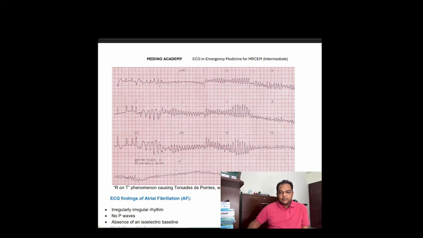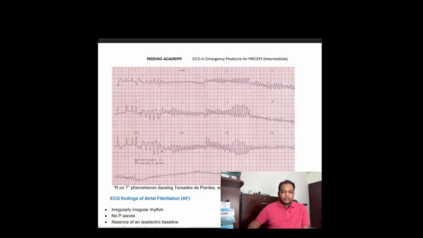This is the ECG morphology of torsade de pointes or polymorphic VT. You can see the amplitude of the QRS complex is variable here. So this is torsade de pointes, and this is the fibrillatory wave.